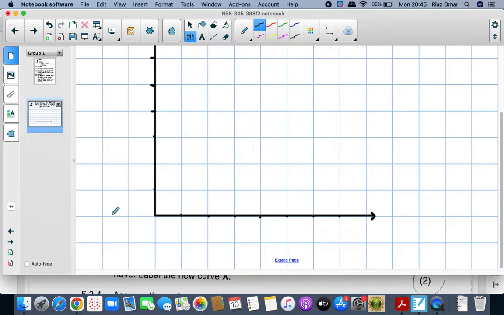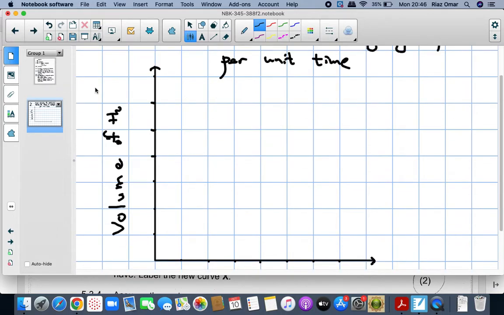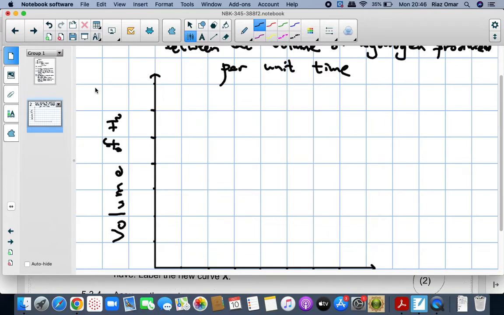You can say volume of H2, and that will be written in centimeters cubed.